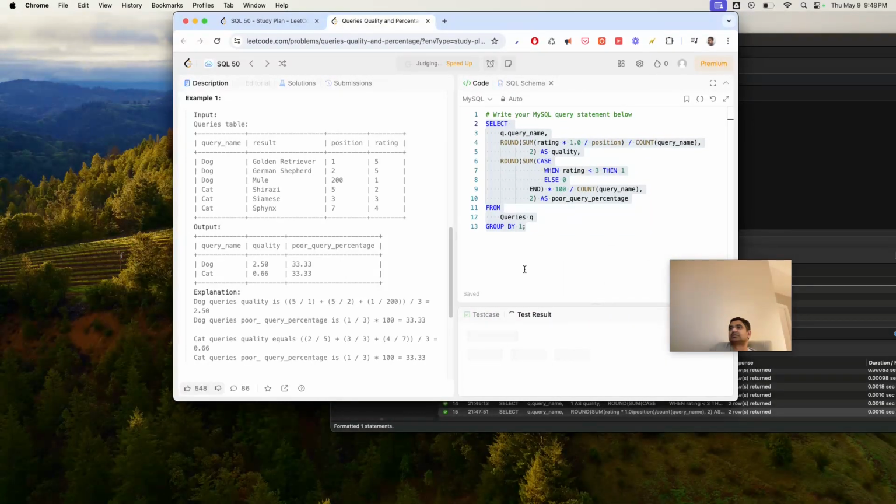Test cases are running. Accepted, runtime 272 milliseconds. So basically, we are okay. The things are working fine, and we found the solution.